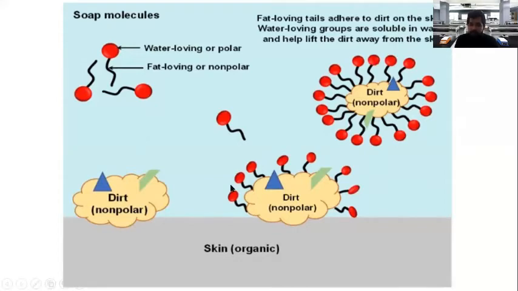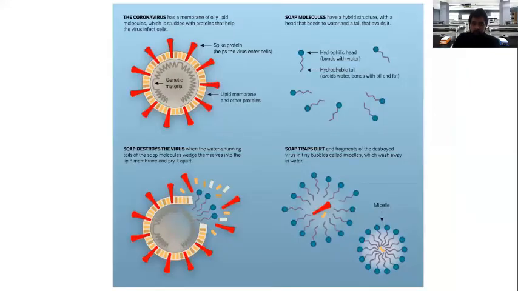Since the virus is very small and these molecules are very large, the formation of micelles sometimes we cannot observe clearly, but the action is similar to cleaning or washing clothes. Okay, did you understand that?